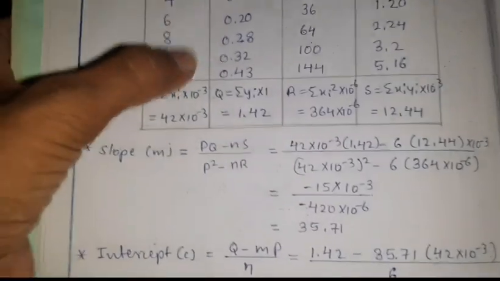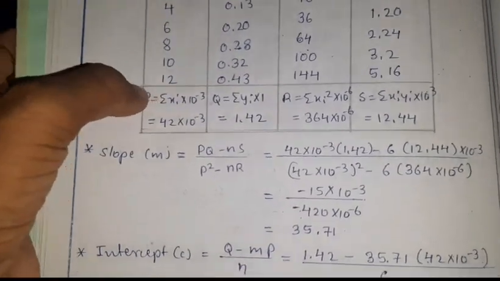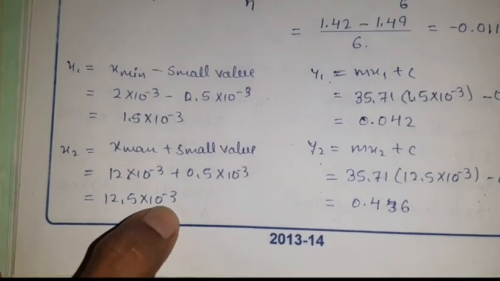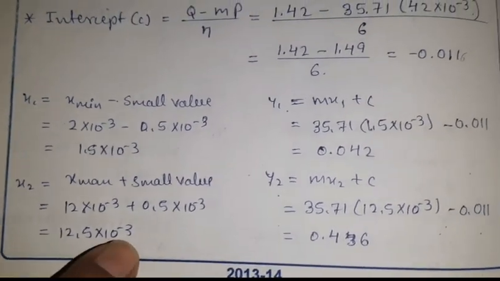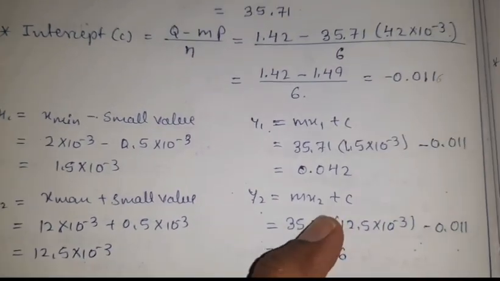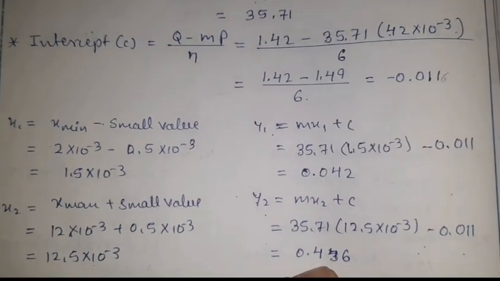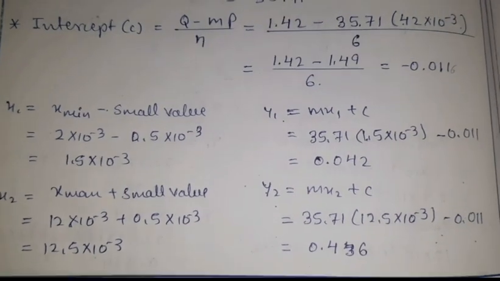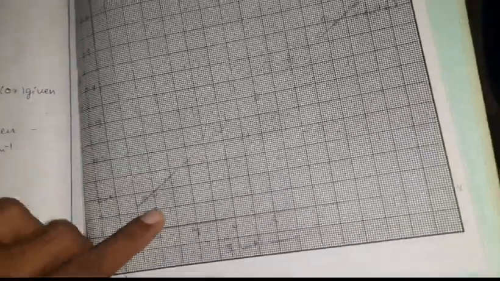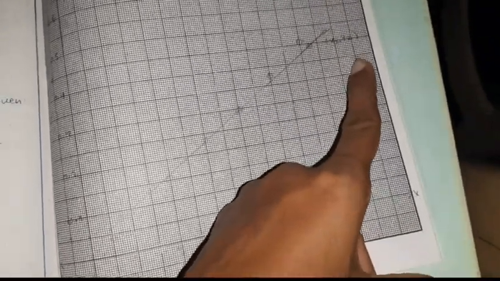The maximum current here is 12 milliampere, small value 0.5, so 12.5 milliampere. x2, y2 you can calculate using the slope, intercept and the value of x2. Here you should mention the values of x1 and y1 for all the 4 graphs.